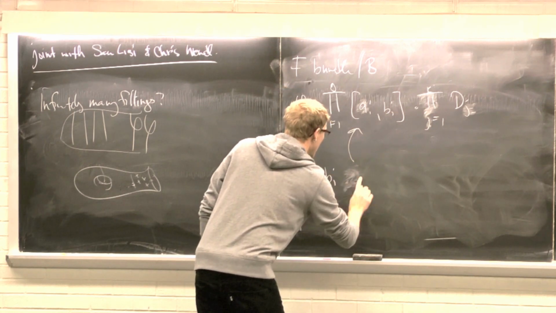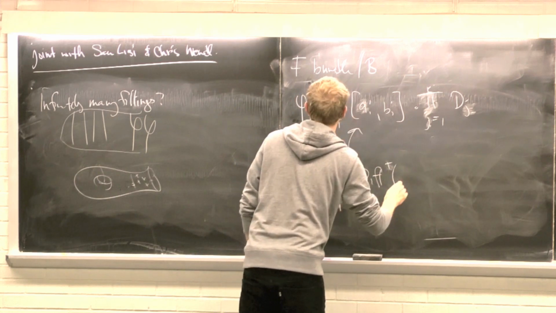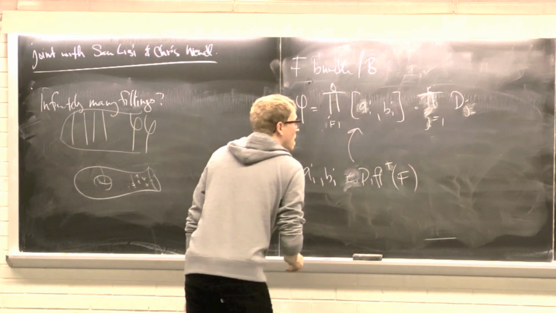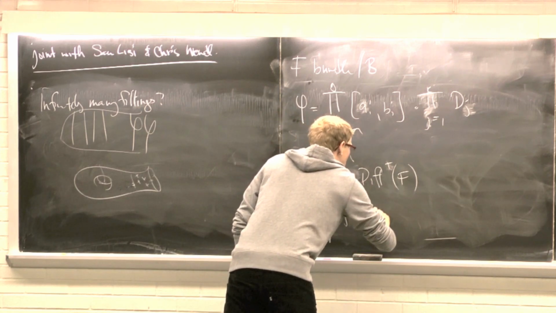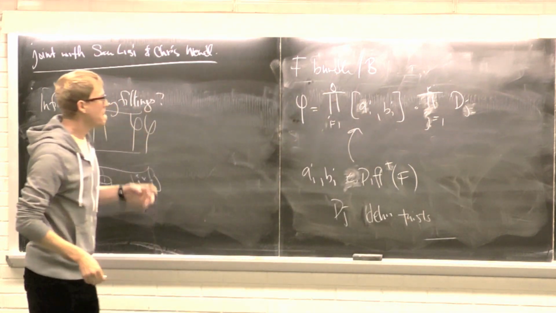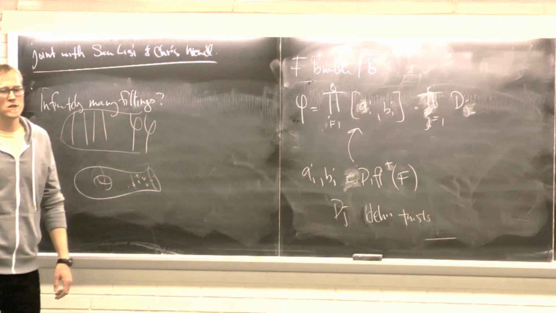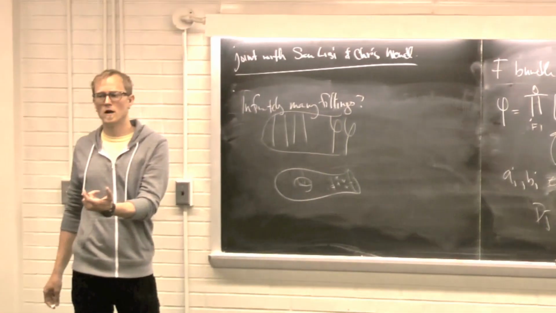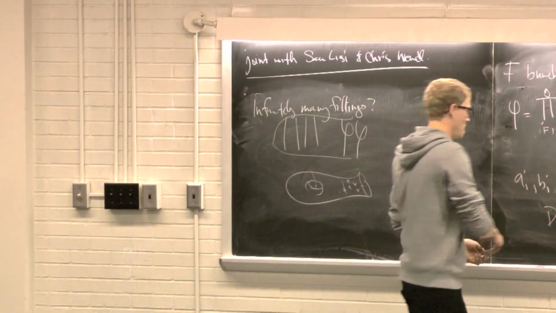These are just any diffeomorphisms of F, and the D_j have to be Dehn twists. Okay. So the easiest thing to do then is to pick some diffeomorphisms whose commutator is trivial.